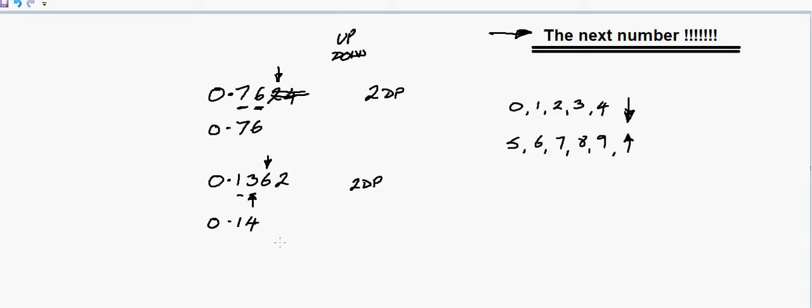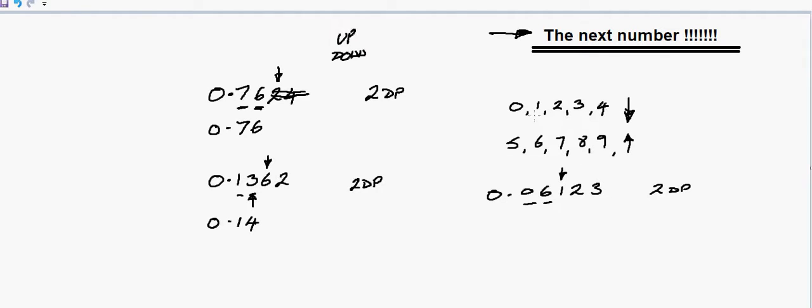Okay, so for example, again, let's say we've got 0.06123 and they say to 2 decimal places. Okay, 1, 2. Don't be afraid to underline things and write on it. It's totally okay. The next number is a 1.